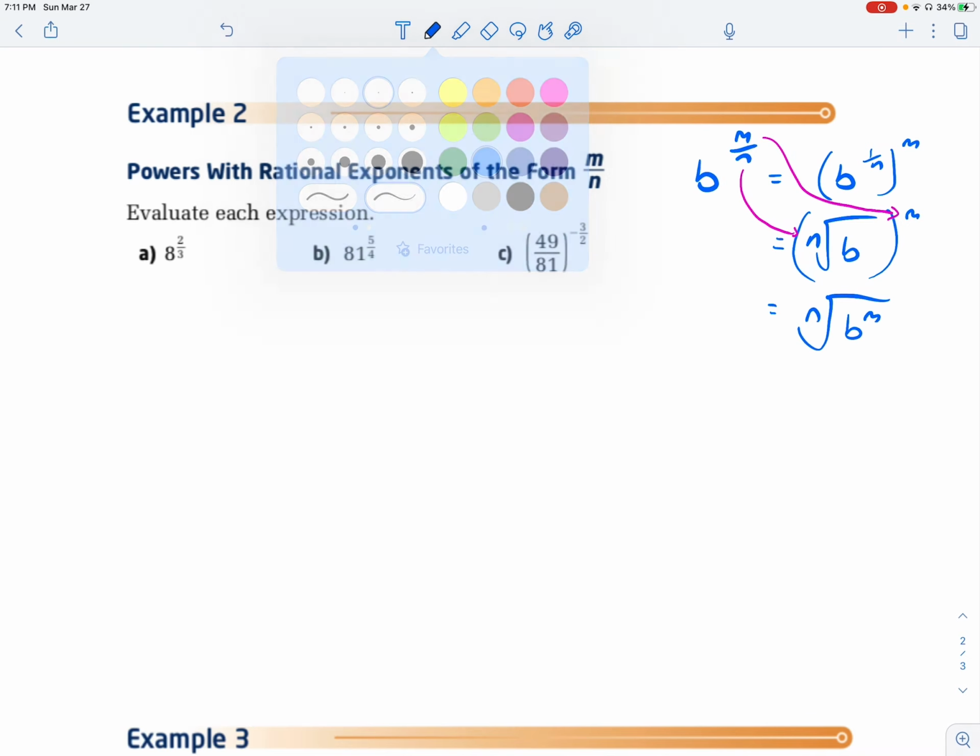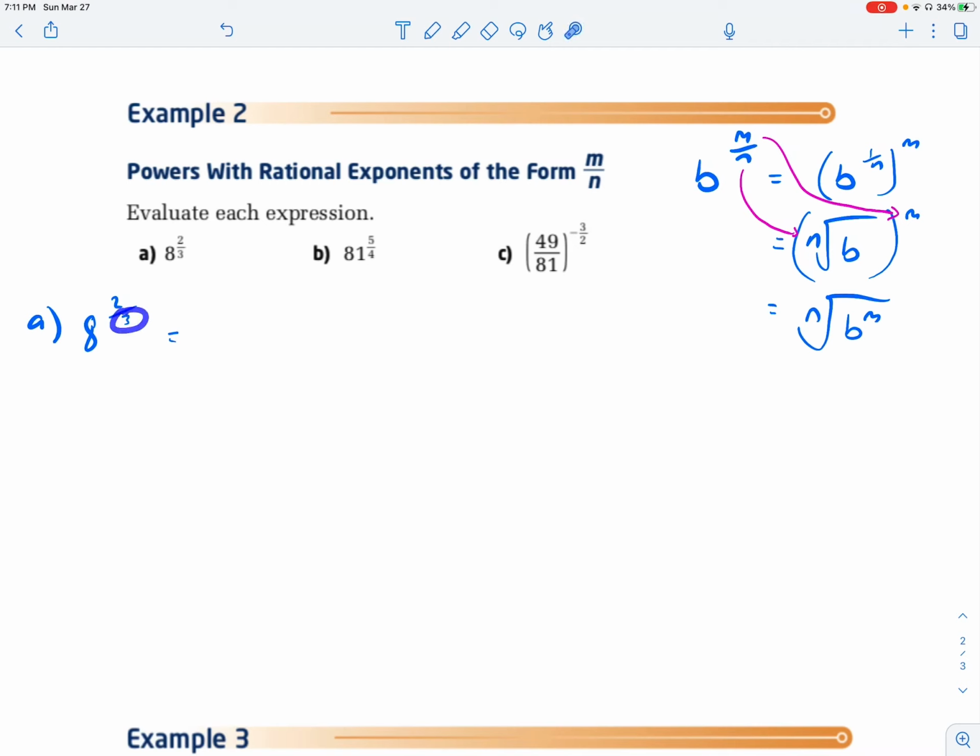So let's start this first example. We have 8 to the exponent 2 over 3. If I follow that rule, the 3 is the index, so it ends up being the cube root of 8 squared. I actually don't like it in this form. 8 squared is 64.